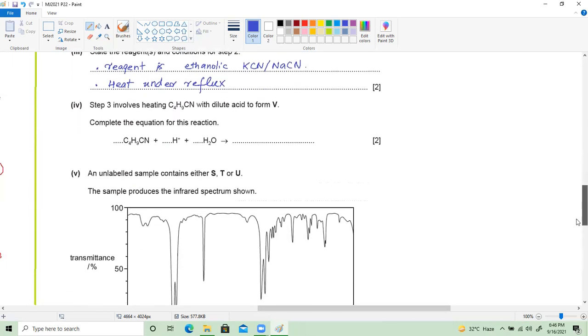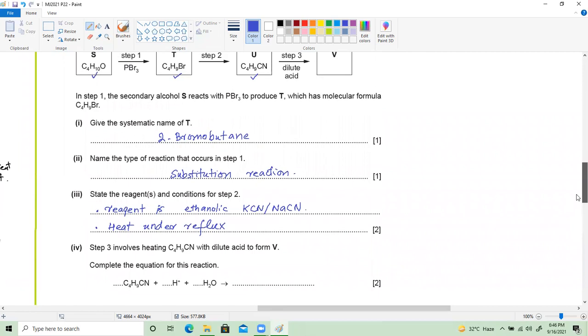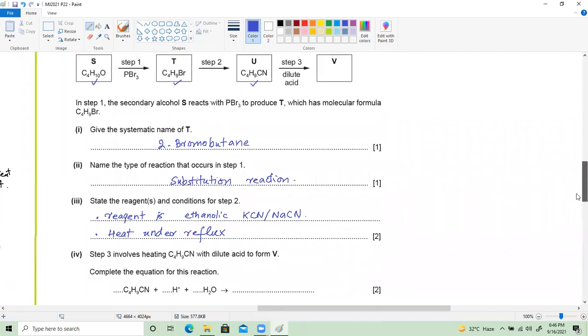Then step 3 involves heating C4H9CN with dilute acid to form V. Complete the equation for this. When cyanides are treated with dilute acid in the presence of water, this is called acid hydrolysis of nitriles. Acid hydrolysis of nitriles is actually a method to produce carboxylic acids.